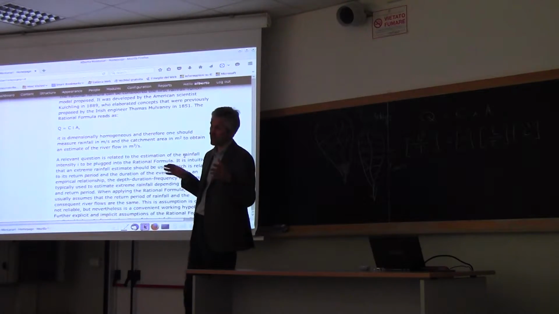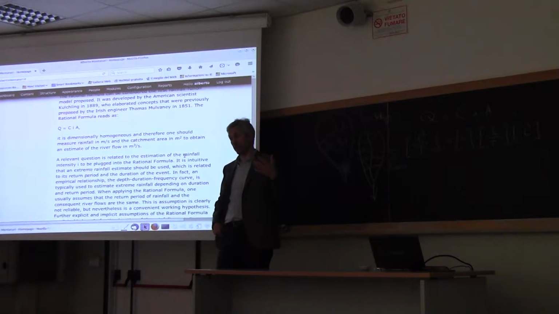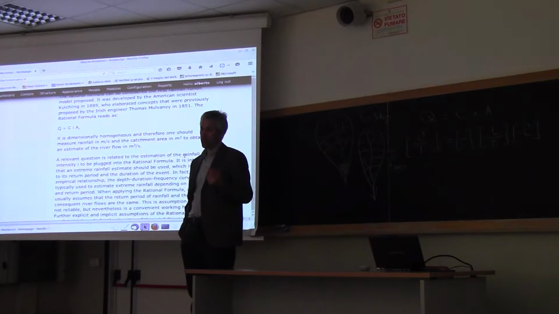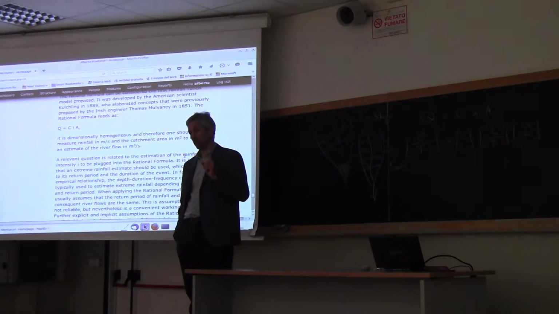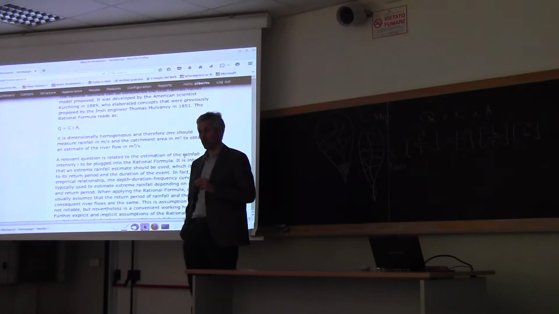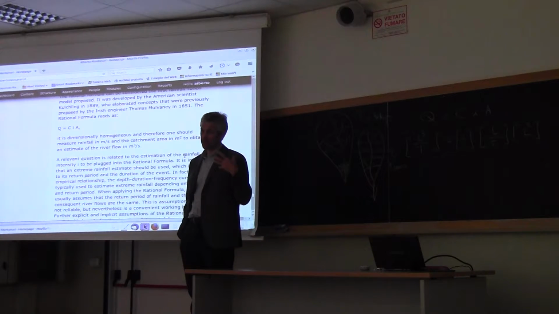The estimation of design rainfall is complicated as well. But on the other hand, from a professional, technical point of view, there is just one very simple equation, a relationship that gives you the design rainfall. Of course, you understand that this equation must be flexible, because design rainfall depends on the location.